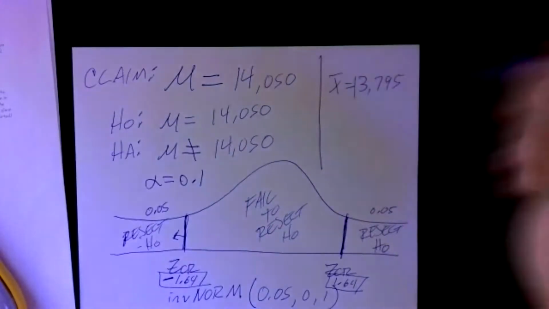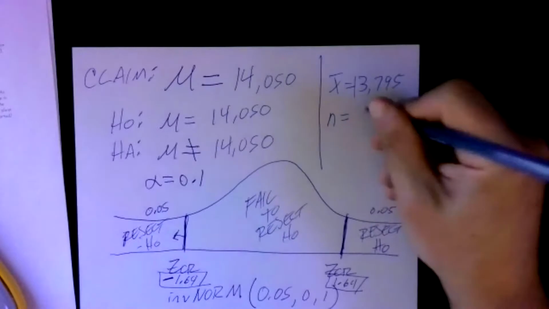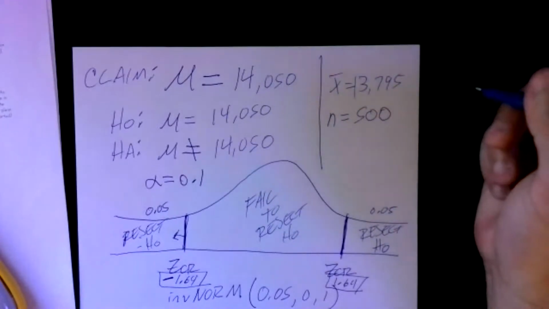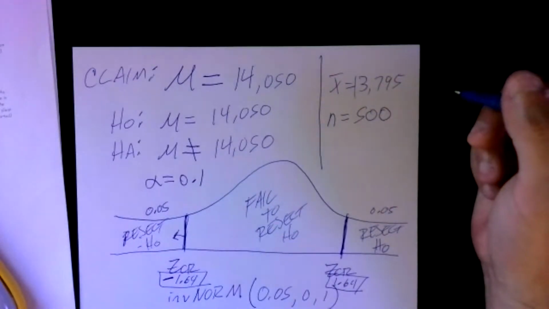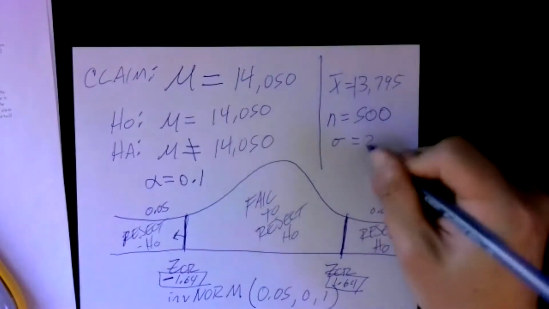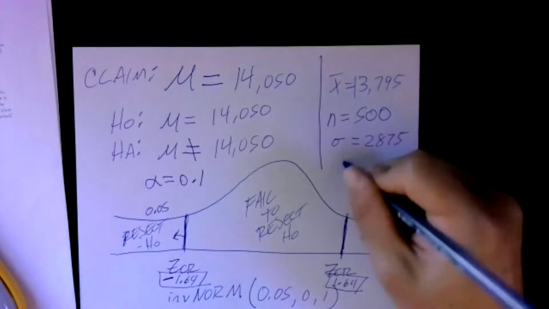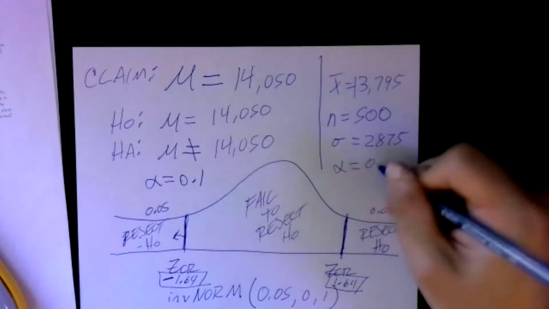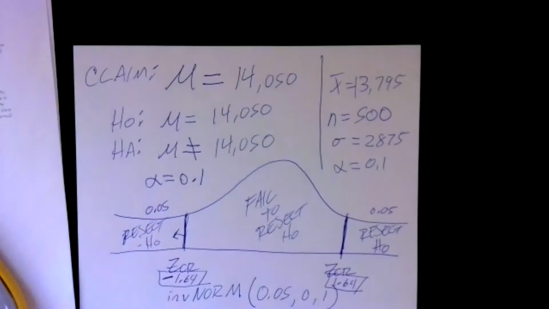The sample consists of 500 children, so that is our sample size. Assume the population standard deviation sigma is 2,875. The alpha value this time is 0.1. Everything we need is here.